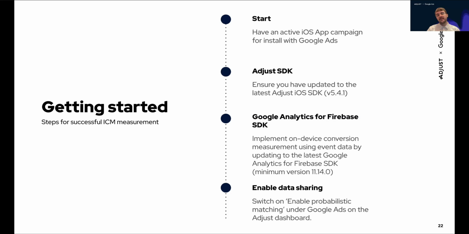Third, you need to implement the on-device conversion measurement using the event data solution. You can do so by updating to the latest Google Analytics for Firebase SDK, a minimum of 11.14.0. And last but not least, it is important to enable the probabilistic matching toggle in the Google Ads integration settings in Adjust. This step allows Adjust to share additional data with Google to activate the new attribution integration.